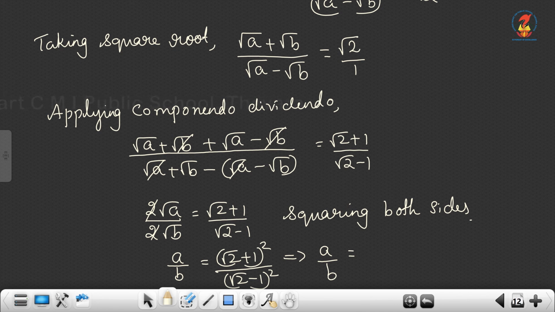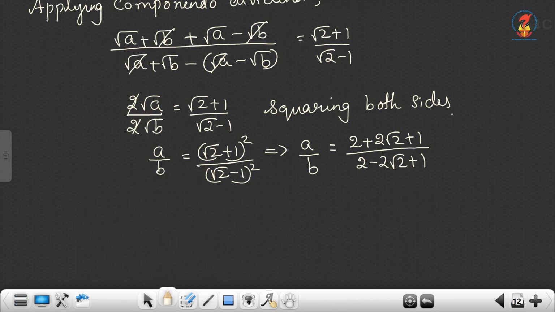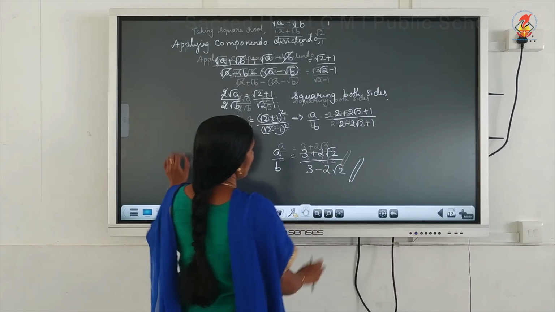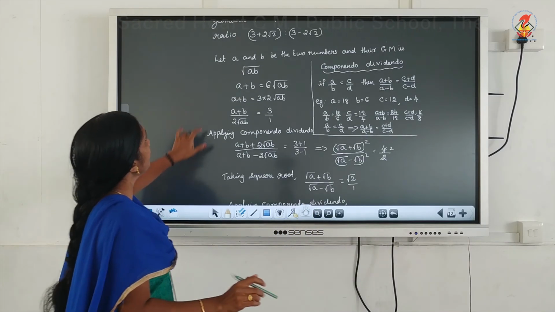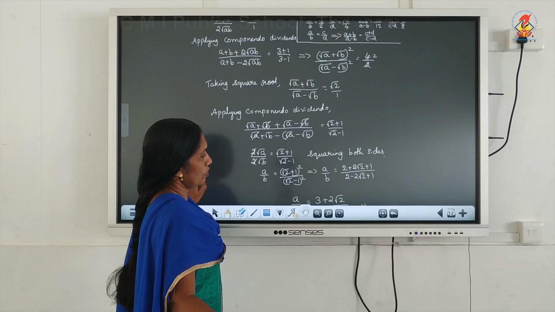Root 2 plus 1 whole square is a square plus 2ab plus b square, and a square minus 2ab plus b square. So what is a by b? A by b is equal to 3 plus 2 root 2 by 3 minus 2 root 2. Look at the answer: 3 plus 2 root 2 by 3 minus 2 root 2.